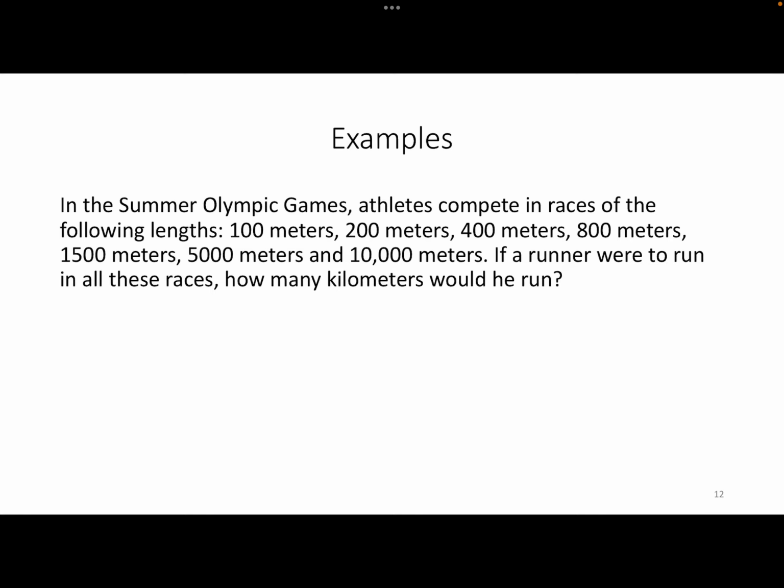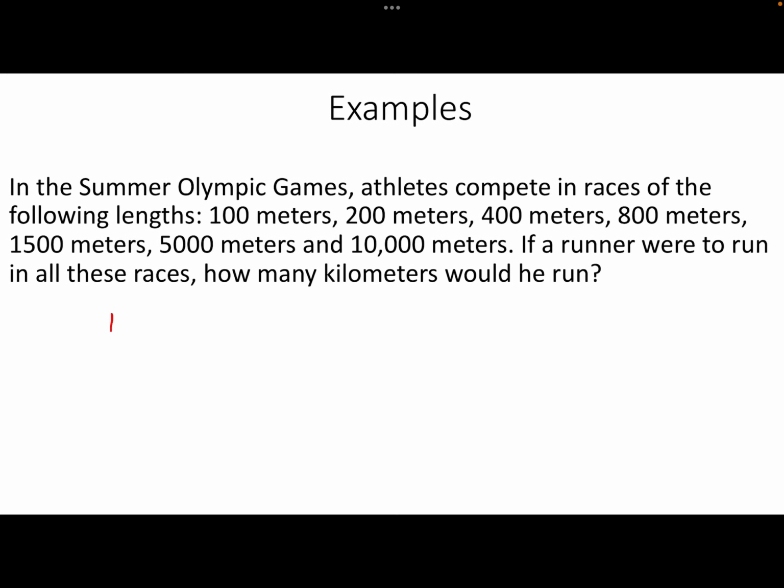So let's look at an example. In the Summer Olympic Games, athletes compete in races of the following lengths: 100 meters, 200 meters, 400 meters, 800 meters, 1,500, 5,000, 10,000 meters. If a runner were to run in all these races, how many kilometers will he run?